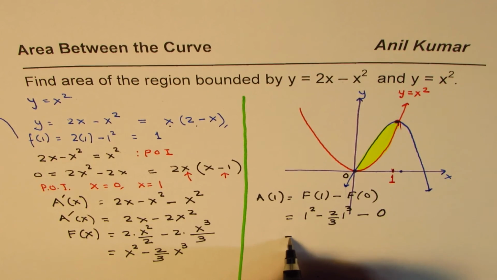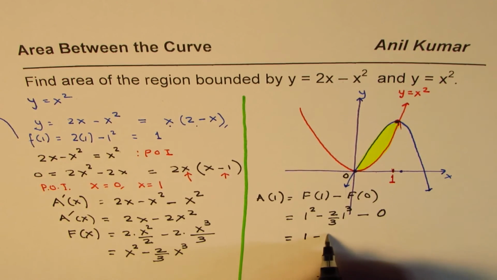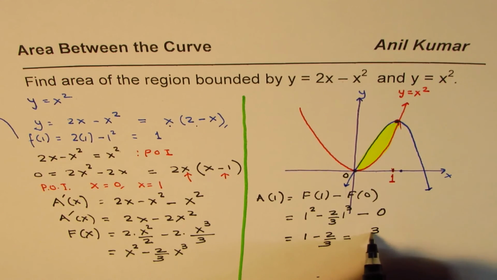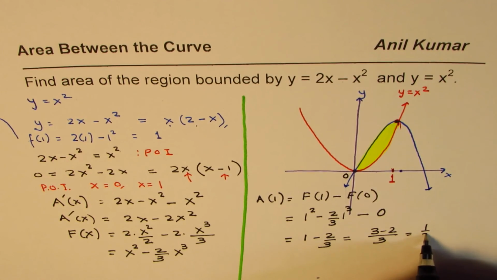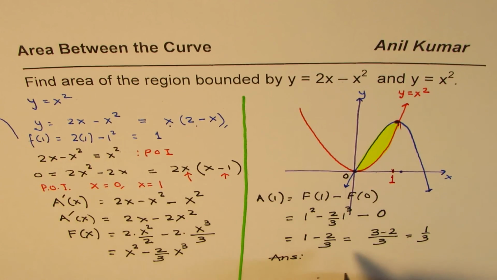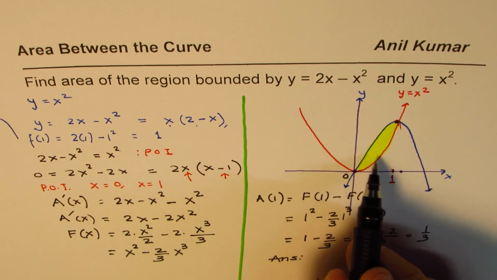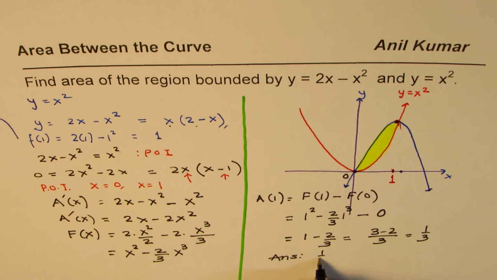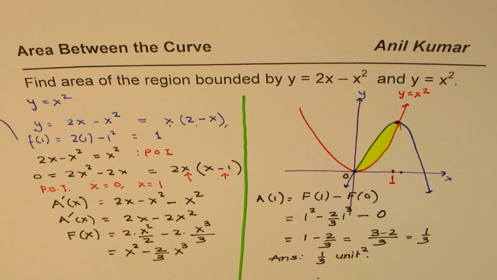So finally we get our answer as 1 minus 2 over 3, which is 3 minus 2 over 3, or 1 over 3. So the answer here is that the area bounded by these two graphs is 1 over 3 unit square. So that is how you can find the area between two graphs.